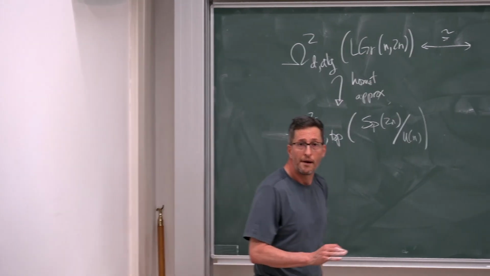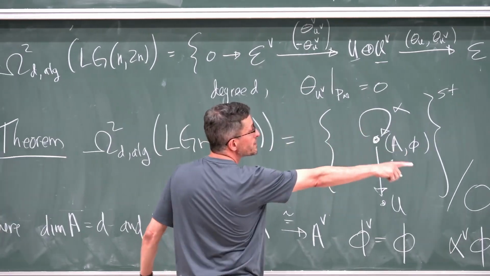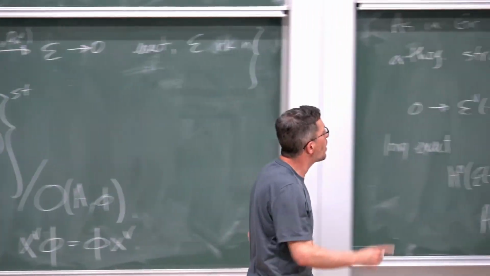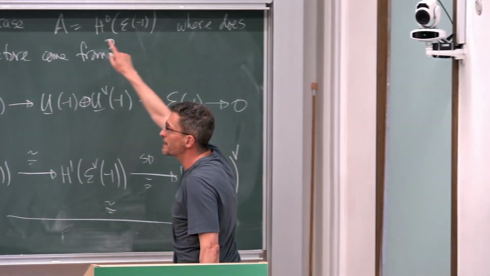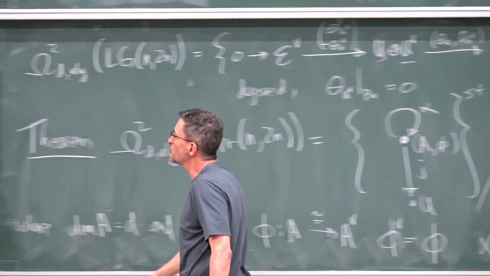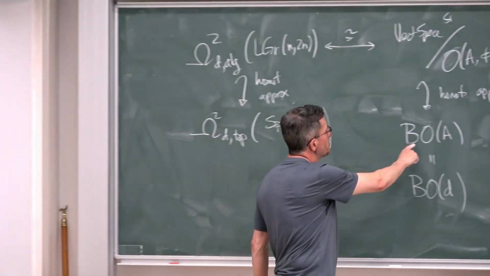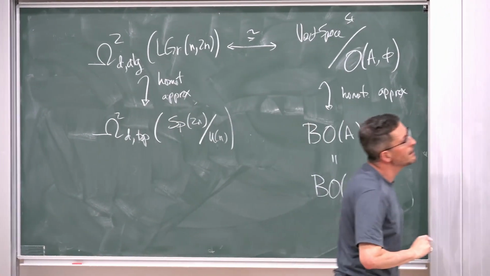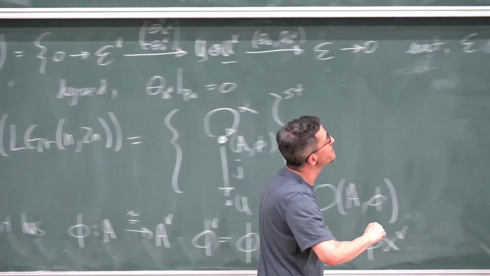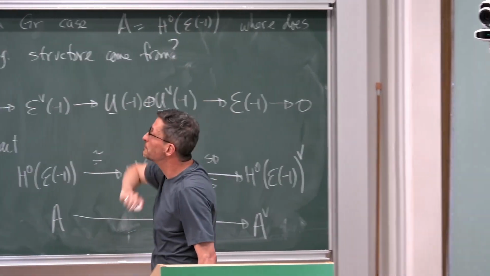Okay. Yeah, so let me show you where this orthogonal form comes from. So why do we get, oh, and similarly again, if I had started with O2n mod U, I would have ended up with a BSP, and then this third line right there would have given me that guy.